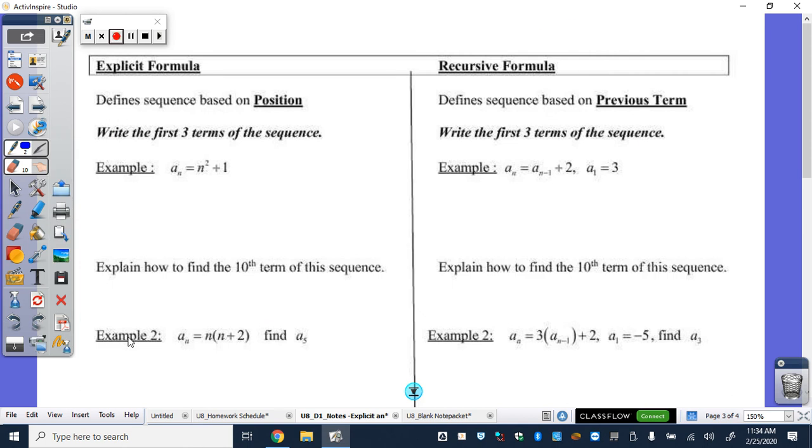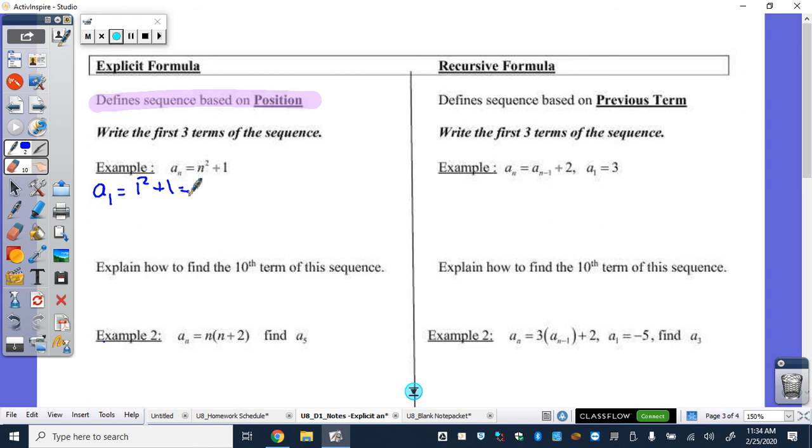So let's take a look at our differences here. I've split it up. We've got explicit formula on the left side and our recursive formula on the right side. Let's go through the explicit. Again, explicit defines the sequence based on the position. What position are you looking for? Write the first three terms of this sequence. Term 1, because it's explicit, means I plug in a 1.